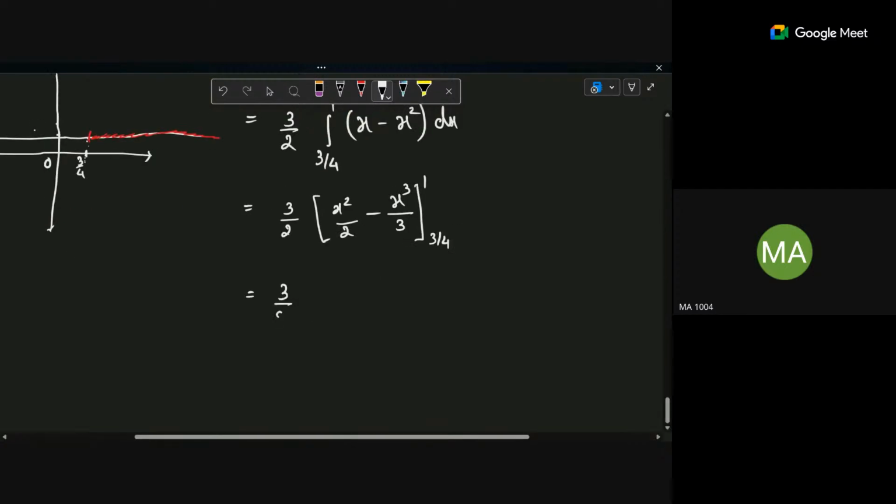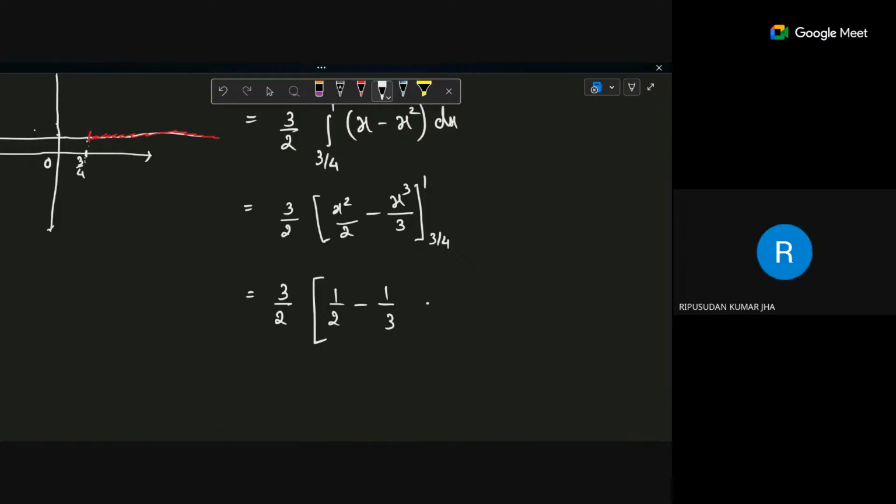So once you go for the calculation, first put the values for 1. So it's 1 by 2 minus 1 by 3, minus of 9 upon 32. You can do this if you are not comfortable with negative signs. So first put 3 by 4.